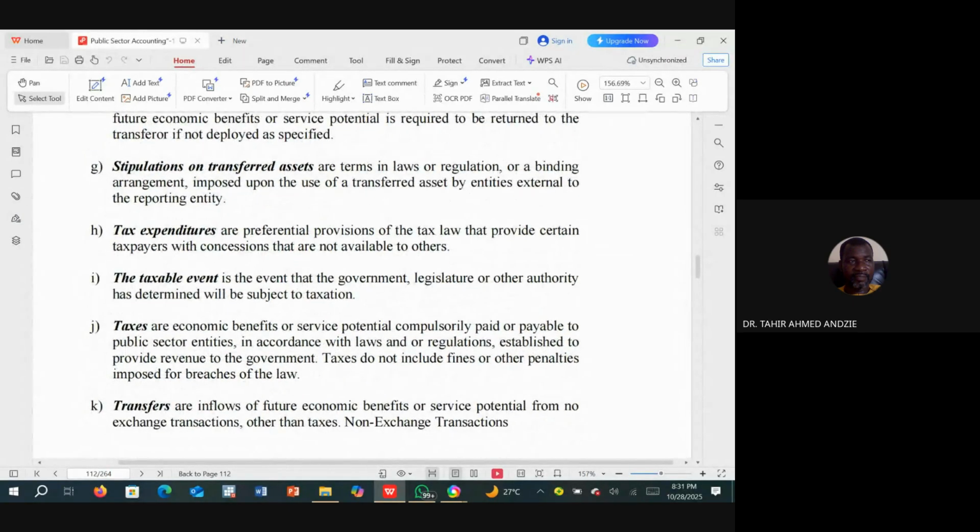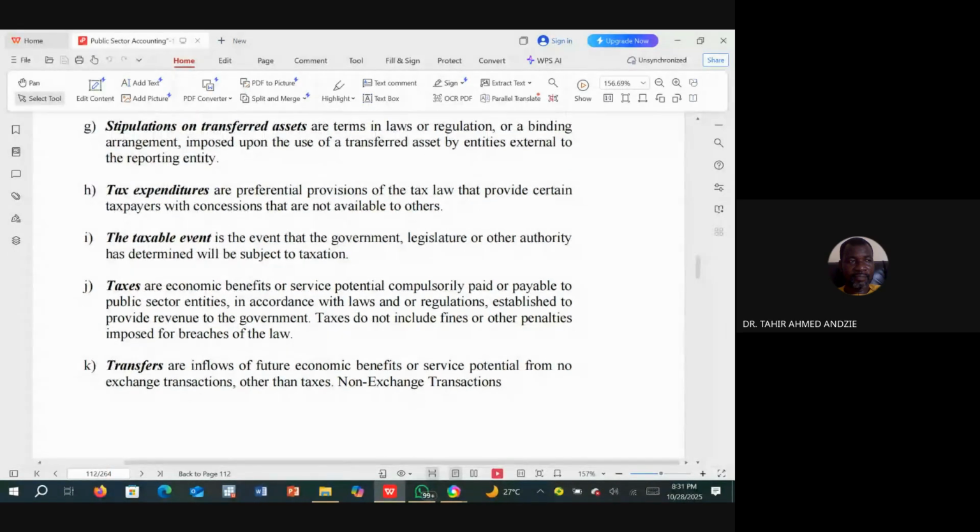Then we have tax expenditure. These are provisions of tax laws that provide certain taxpayers with concessions that are not available to others. These are all non-exchange transactions in the public sector that we are talking about.